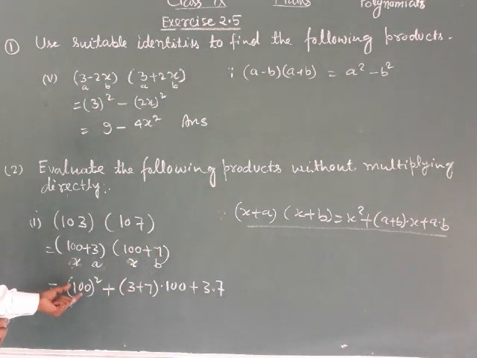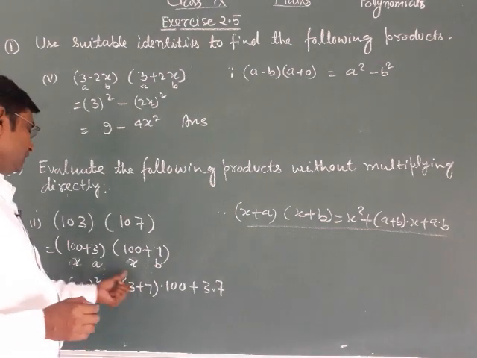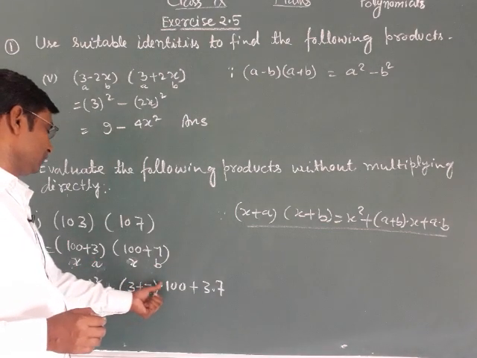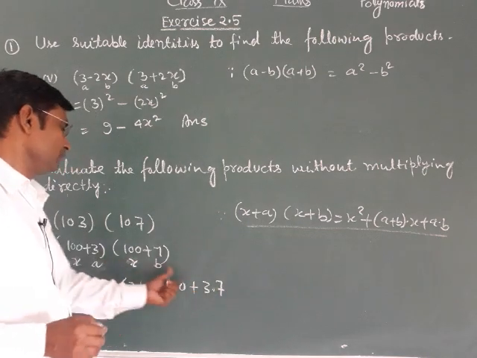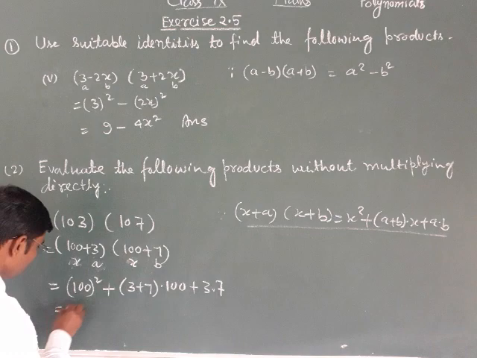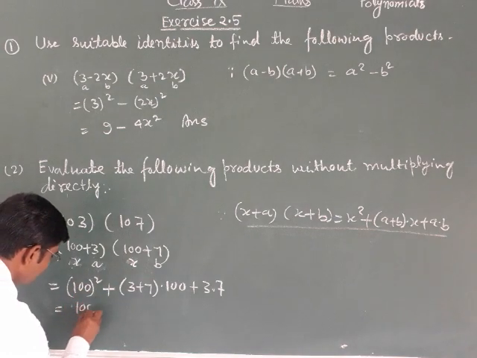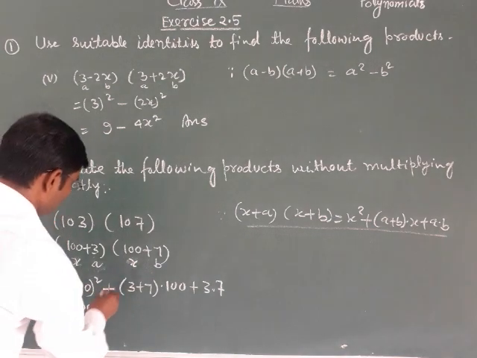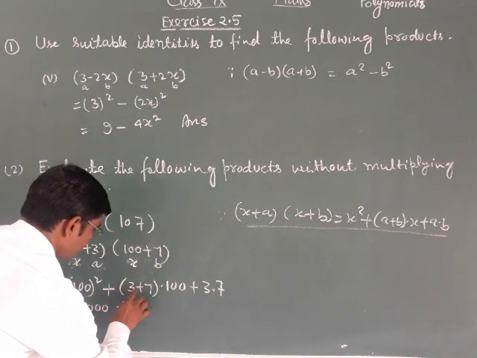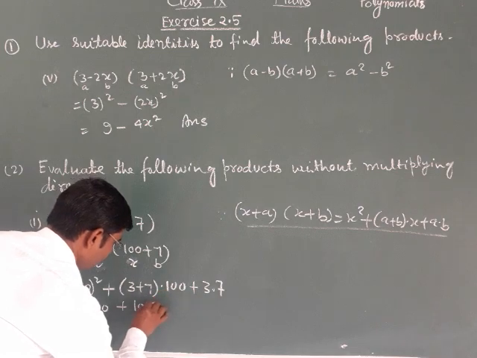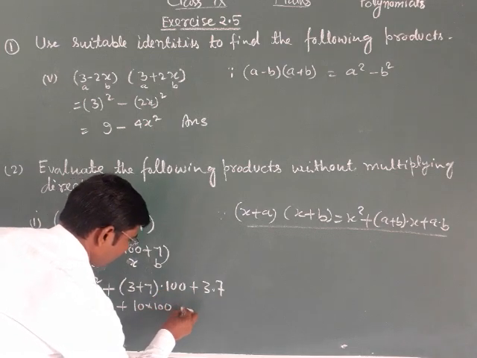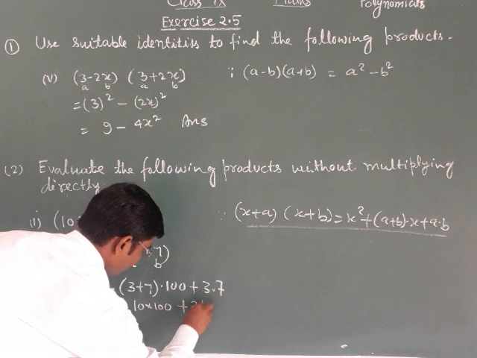Now this x square: 100 square plus a plus b, 3 plus 7, into x, means 100, plus a into b, 3 into 7. Now solve 100 square, so this is 10,000, plus 7 plus 3 is 10, into 100, so 1,000, plus 21.